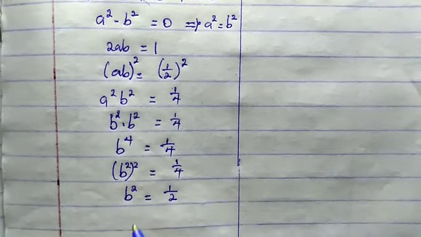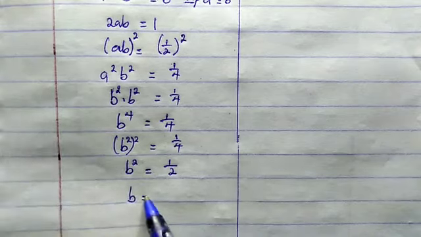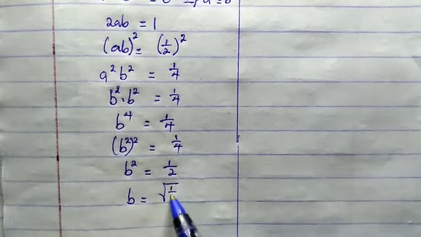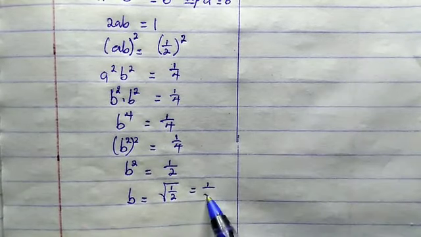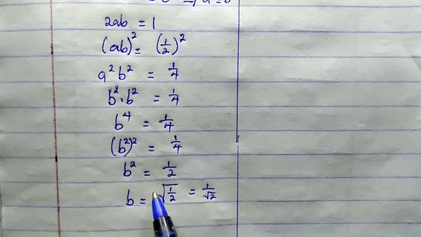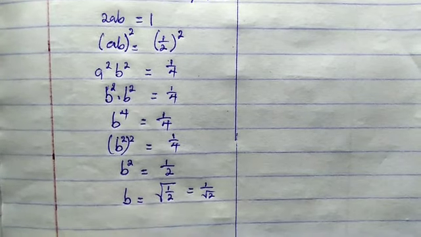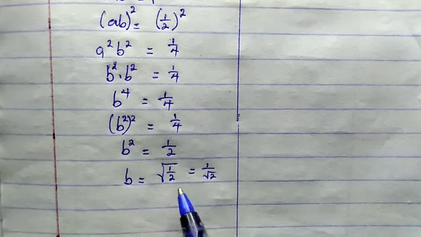And again, let's take the roots again. So here we get B is equal to the square root of 1 over 2, and that will give us 1 over root 2. I didn't take the root as plus or minus because I'm interested in finding the principal square roots, right?